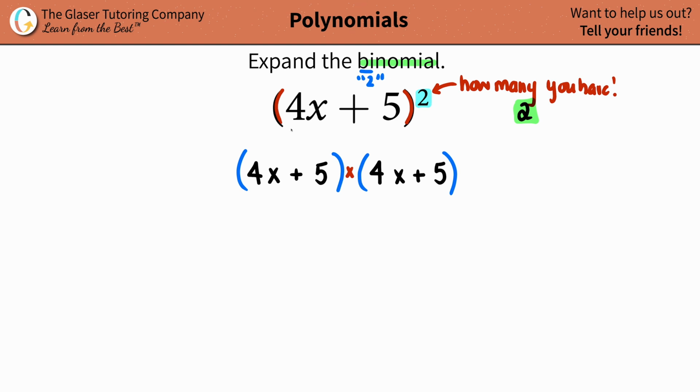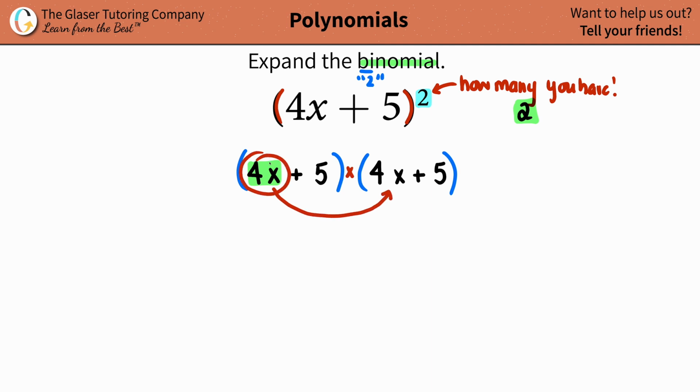Start off with your first binomial here and start with the first term. In this case, it's 4x. And we must multiply, but you never multiply stuff that is in the same parentheses, because it literally says that 4x is being added with the 5. So we must take our first term and go across the pond, across the parenthesis, to the terms on the other one.